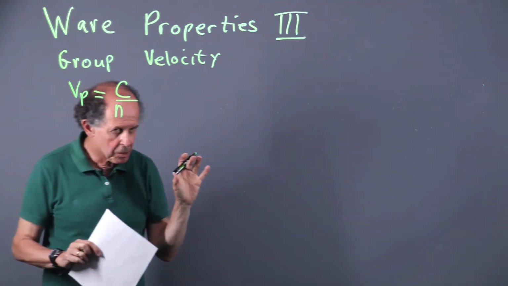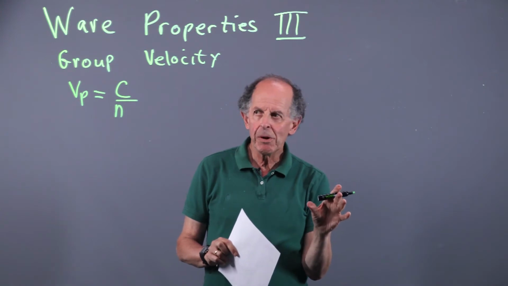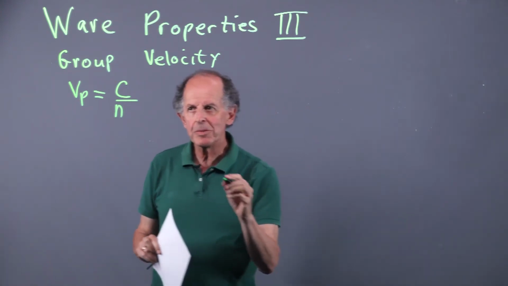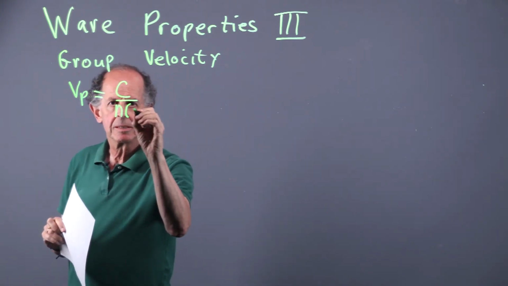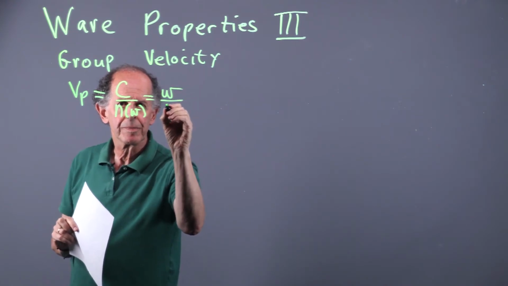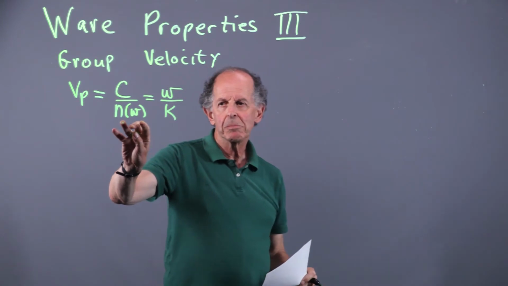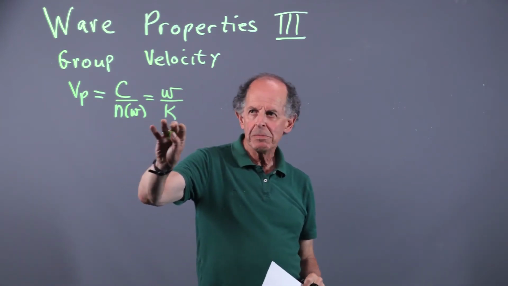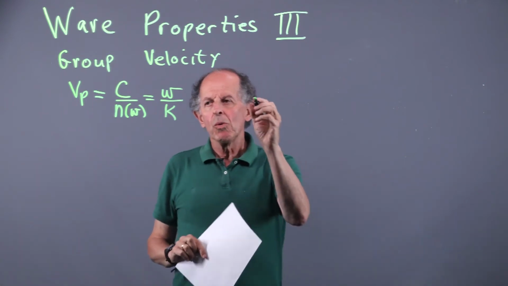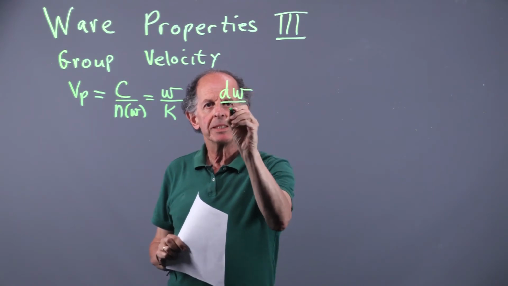Now, wait a minute though. We know that a prism breaks white light into its components, so the index of refraction depends on the frequency, so we'll have n of omega. The phase velocity, classic for a piece of glass, is omega over k as we saw previously. Now, what we need to do is to calculate simply d omega dk.